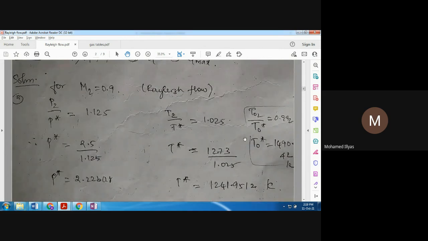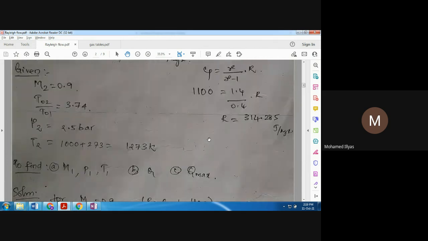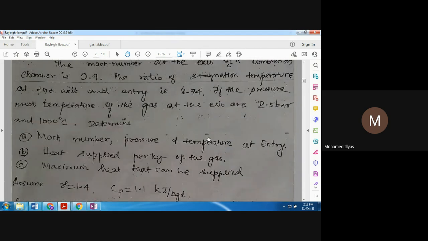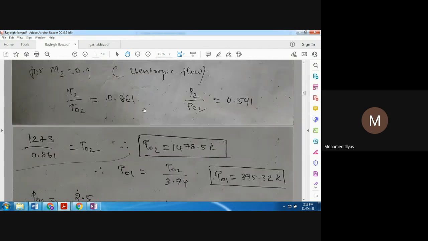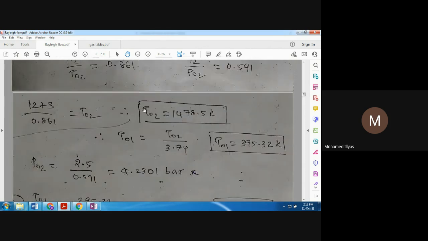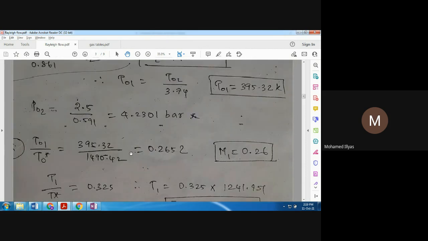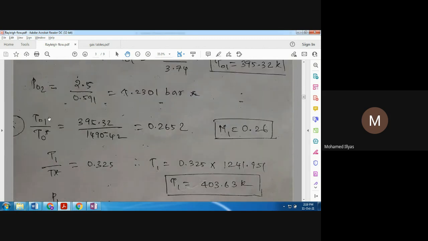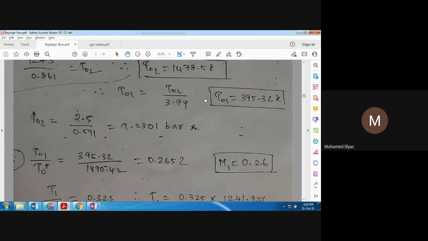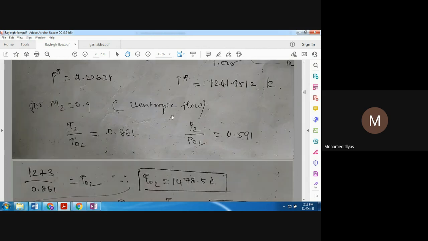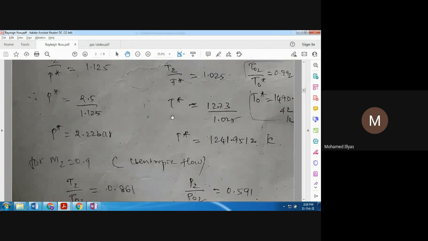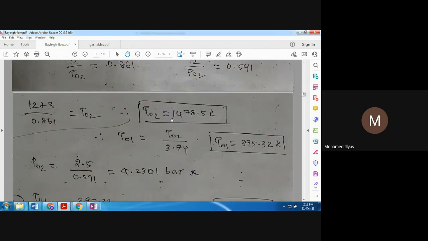We need to use this ratio. For this, we need T02, the stagnation temperature. Only the ratio is given. So we need to get our T0 star.